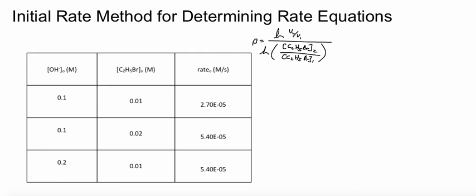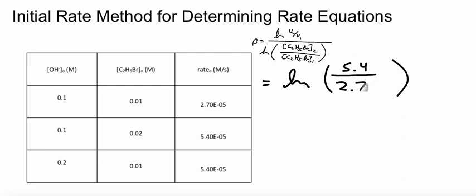Okay, so we've got our expression for beta, and we can see that it is equal to the log of a ratio of rates, and for V2 it is 5.4 divided by 2.7, and we have to check to make sure these exponents are the same. We can see that's going to cancel, right?